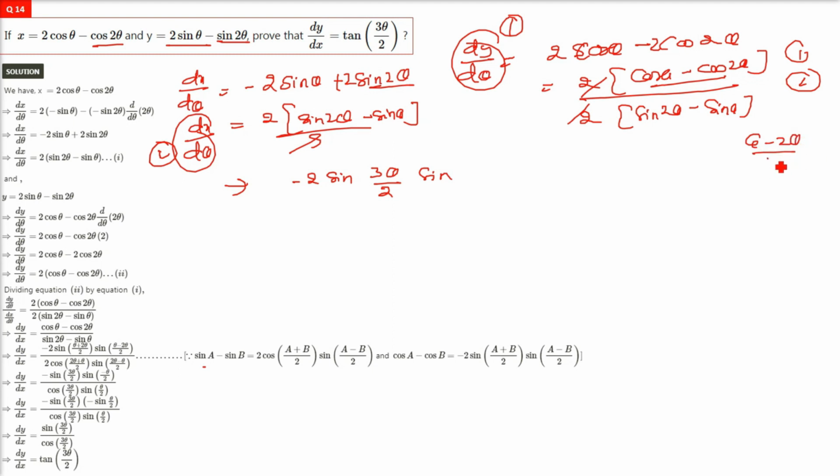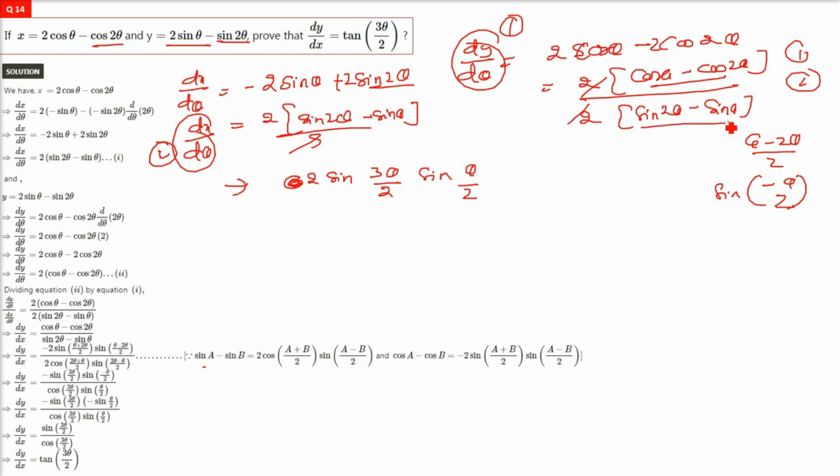That is minus theta by 2. And we already know sin minus theta is minus sin theta. That we already remember. So minus is already outside. Minus will come outside from sin minus theta by 2. So minus minus will become plus. So numerator will become 2 sin 3 theta by 2 sin theta by 2.